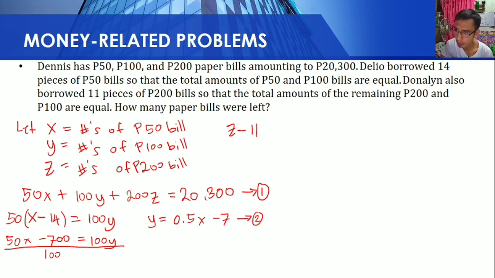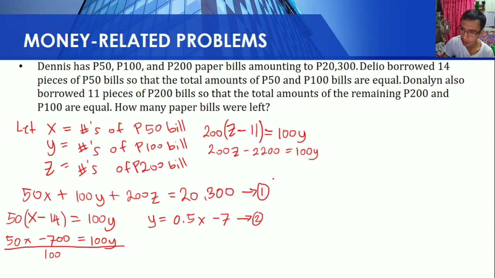So that the total amounts of the remaining 200, so total amount, so i-times natin ng 200 yan. The remaining 200 and 100 are equal. So equal na daw sila. So that will be 100y. So simplify natin. 200z. 200 times 11, so that will be 2,200 is equal to 100y.